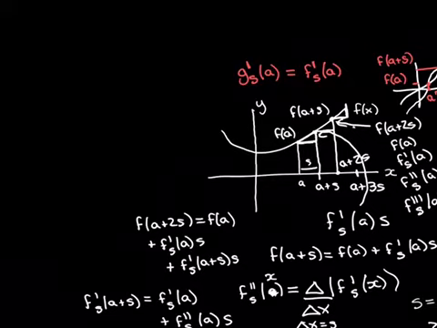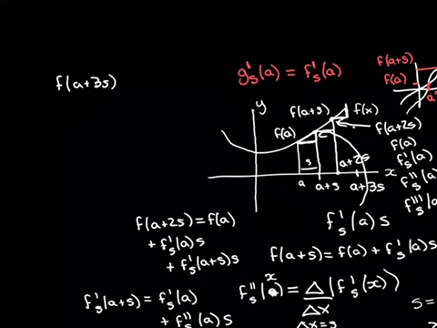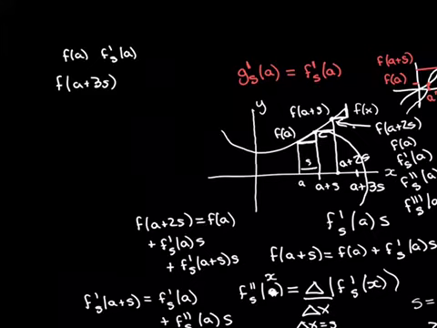So my claim now is that we can work out what f at a plus 3s is going to be, provided that we have the information of what is f at a, what is the first derivative evaluated at a, what is the second derivative evaluated at a, and what is the third derivative evaluated at a.